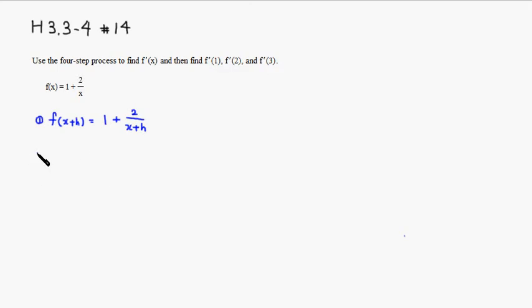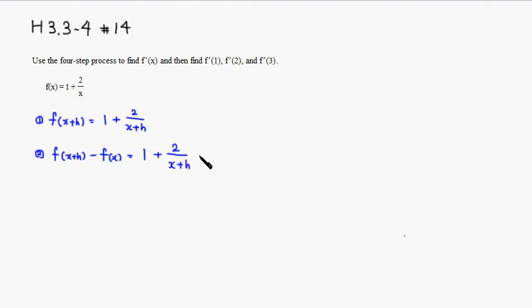Second step is we're going to compute f of x plus h minus f of x. So this is going to be equal to, we just found f of x plus h, so copy that, 1 plus 2 over x plus h.